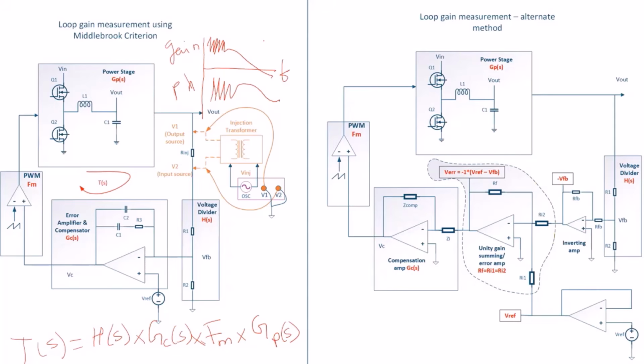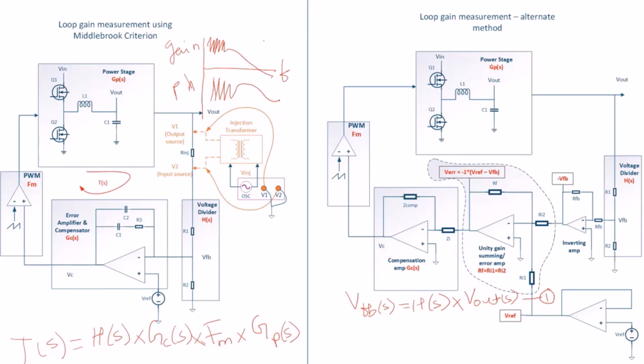First of all, my V feedback is simply V out times the transfer function H of S. So that's my first equation: V feedback of S is H of S times V out.